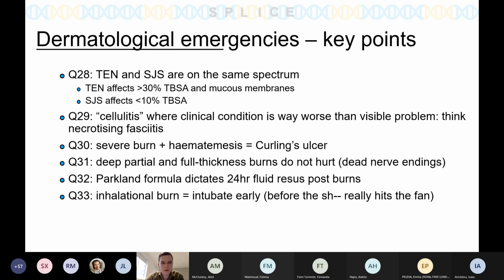The cutoffs that you want to know are 10% or less of the total body surface area affected is Stevens-Johnson, and 30% or more, or mucous membrane involvement, is TEN. What lies in no man's land in between, I'm not really sure. Maybe Amelia can tell us. It's not a very clear-cut distinction, but yeah, 10 to 30%. If you're being strict, above 30 is TEN.